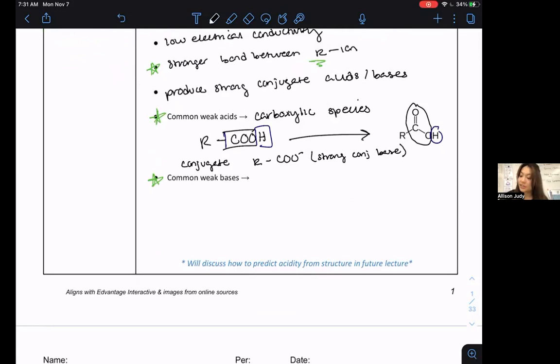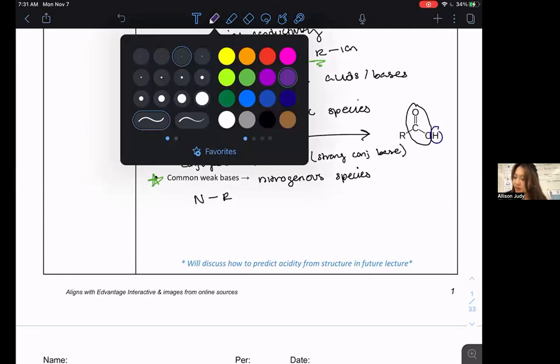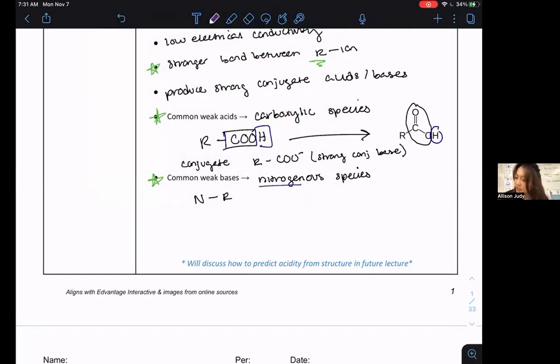Another common weak base species is, or I shouldn't say another, a common weak base species is what we call a nitrogenous species. And this is a nitrogen containing species. Okay, the big emphasis here obviously being nitrogen, right?